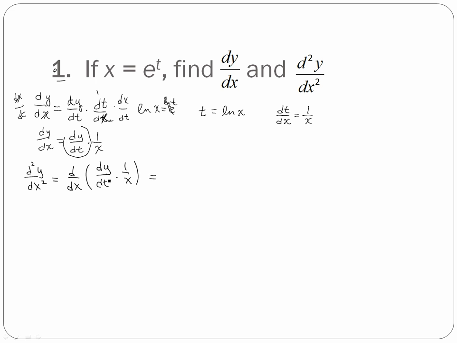So I want the derivative with respect to x of dy dt times 1 over x, plus the derivative with respect to x of 1 over x times dy dt.